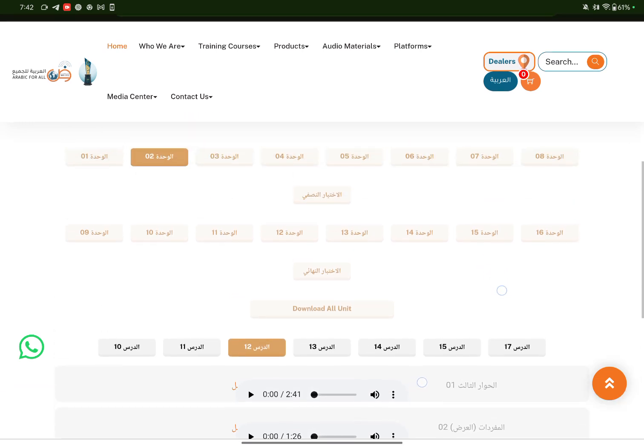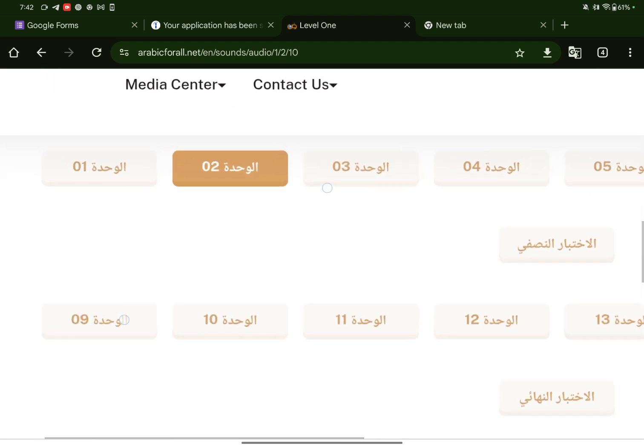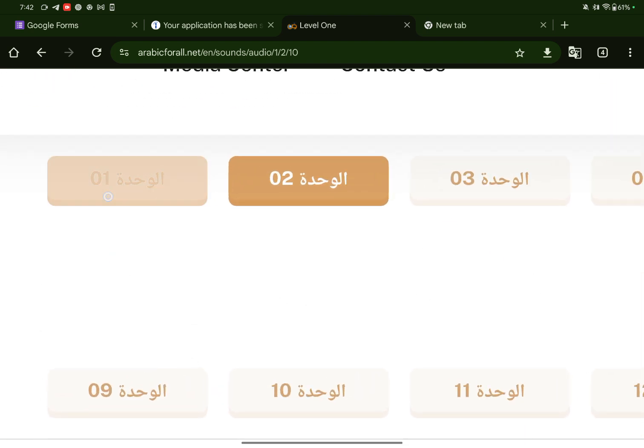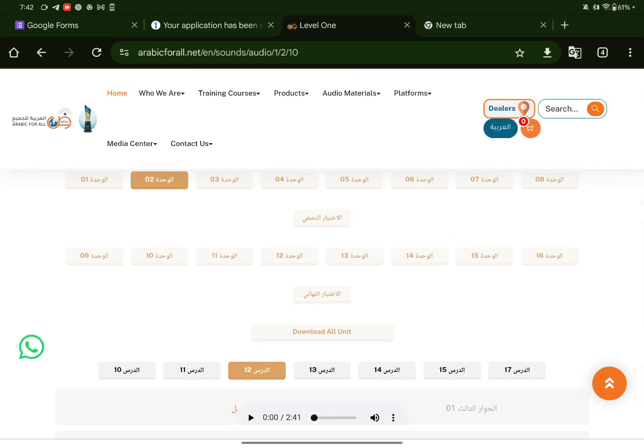For example, right now we're on الوحدة الثالثة. Al-wahda means the unit, right? If you look at the top, you see the word al-wahda: الوحدة الأولى, الوحدة الثانية, الوحدة الثالثة, right? So these are the units that we are using.